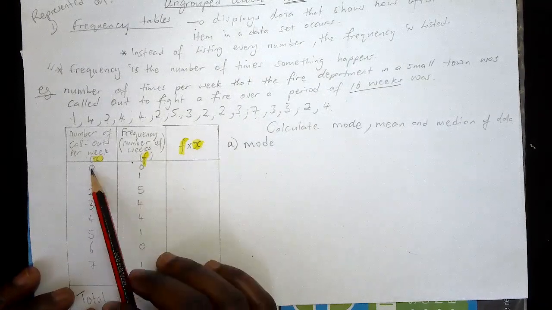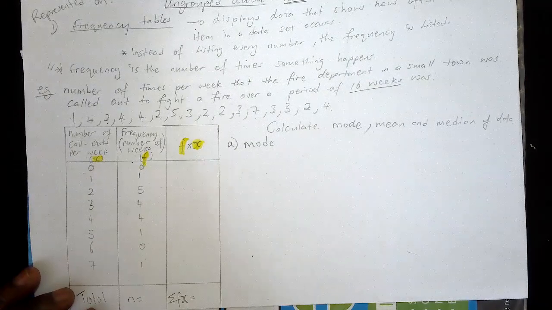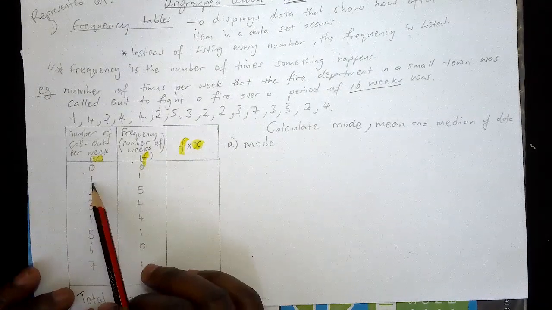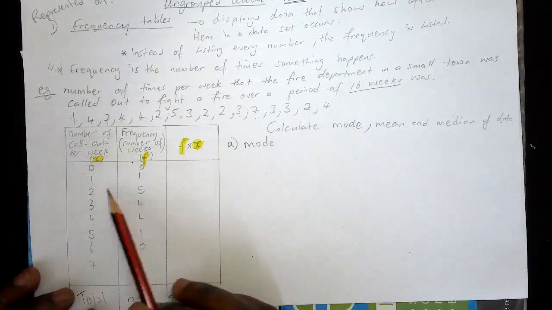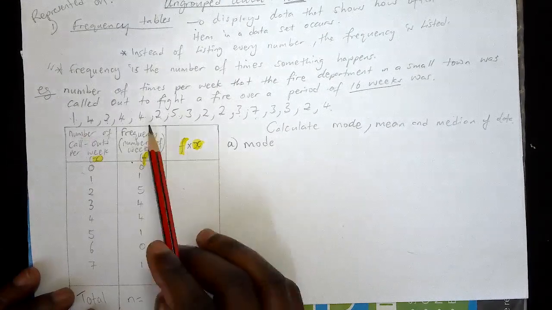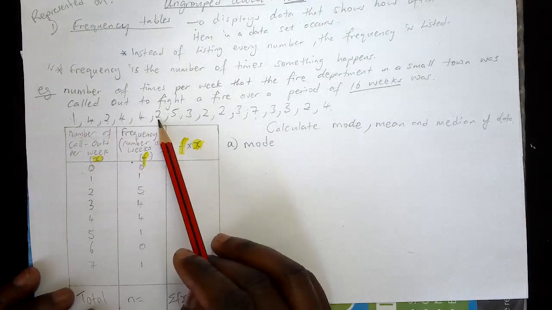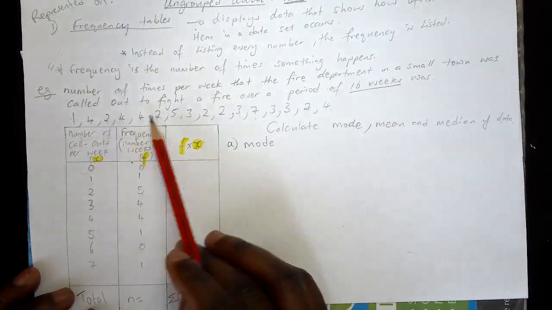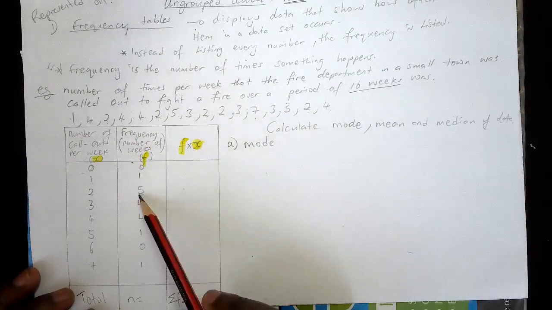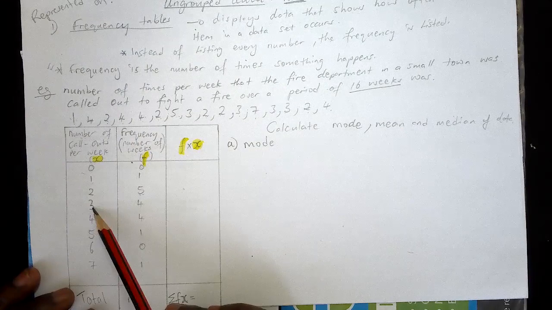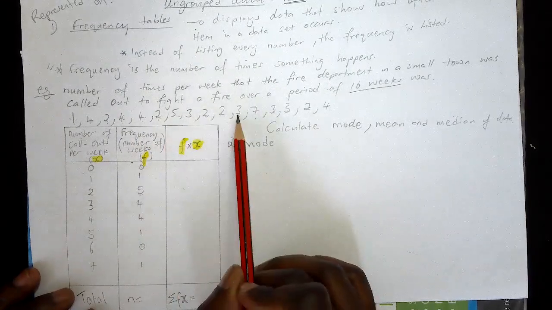Now, we check, is there 0? No, we can't find 0 there. For 1, we see that it was only called once in 1 week. It was called twice in how many weeks? In 5 weeks. Then it was called 3 times in how many weeks? 1, 2, 3, 4.